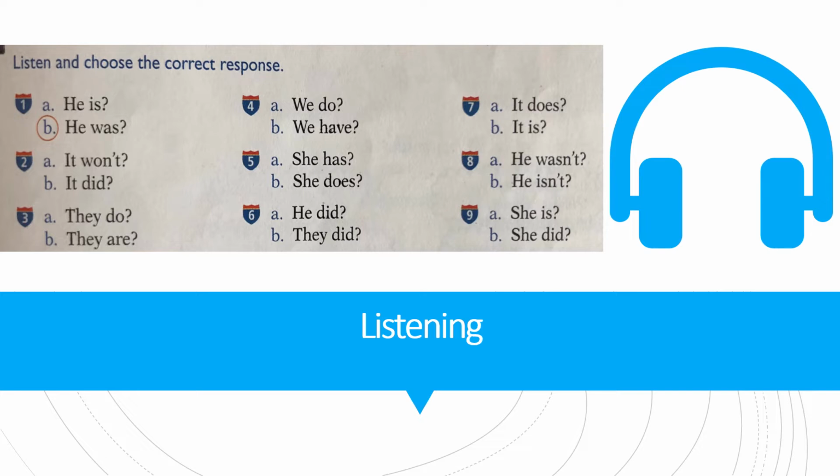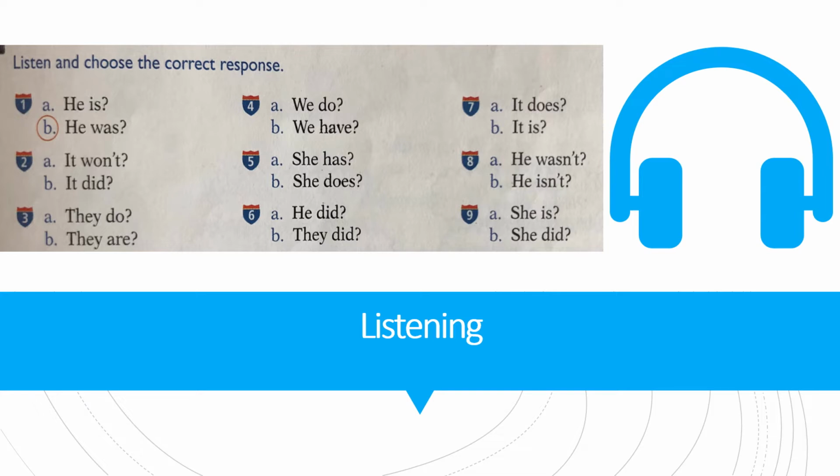2. It won't break down. A. It won't. B. It did. Circle the correct response. 3. They're going to do their homework together. A. They do. B. They are. 4.